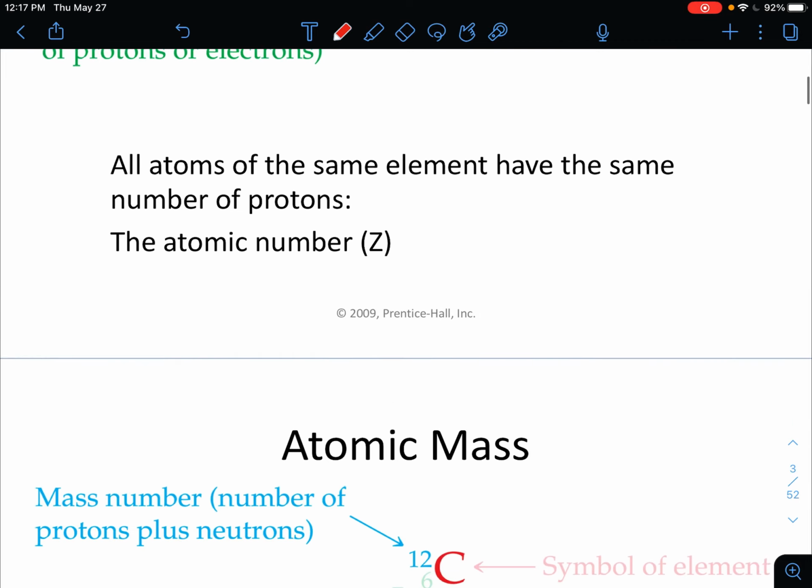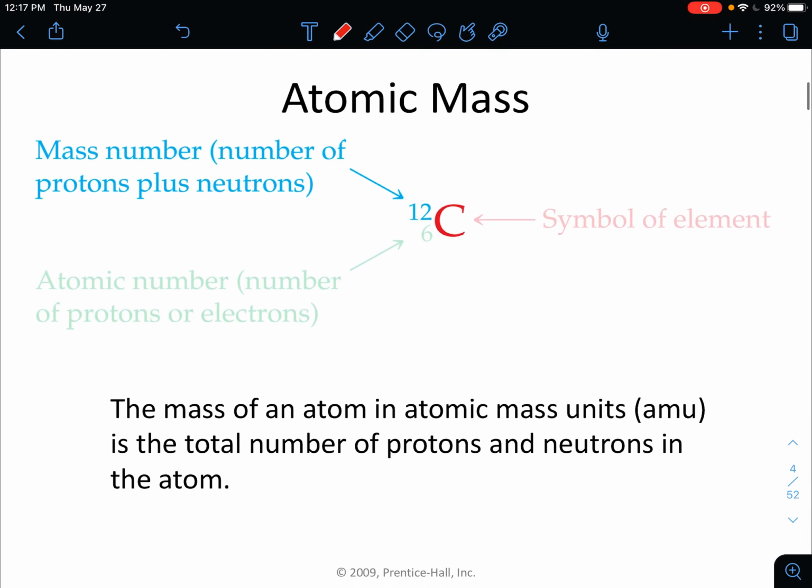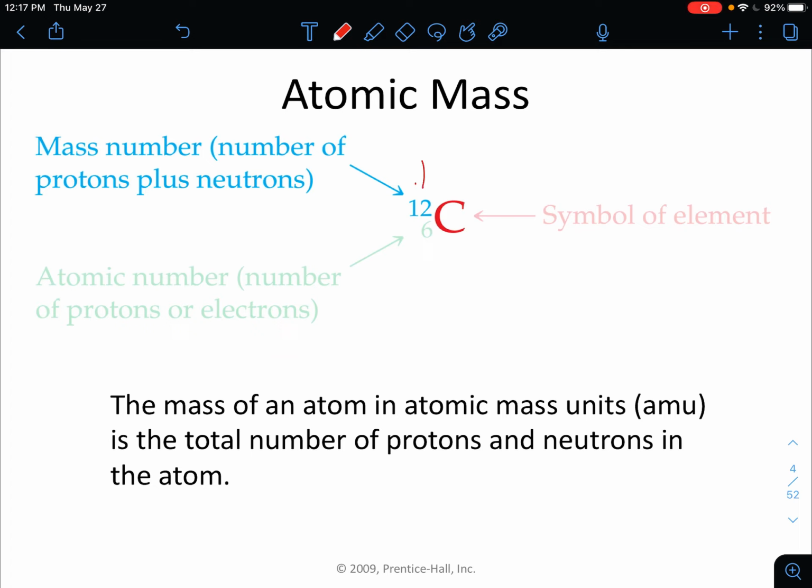The other value that we see is in the upper left corner here, and that's the mass number, the number of protons plus neutrons. So in this particular case, with the carbon-12, it's kind of telling us everything we need to know about that atom. So let me just write it here.